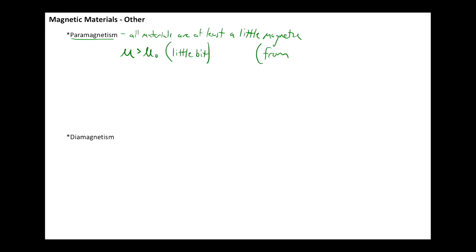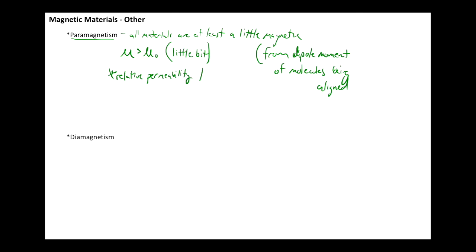So let's see. This is coming from the dipole moment of molecules being aligned. A couple of terms here that you might want to know. First of all, something known as relative permeability. This is just something that compares the permeability of the material to the permeability of free space.